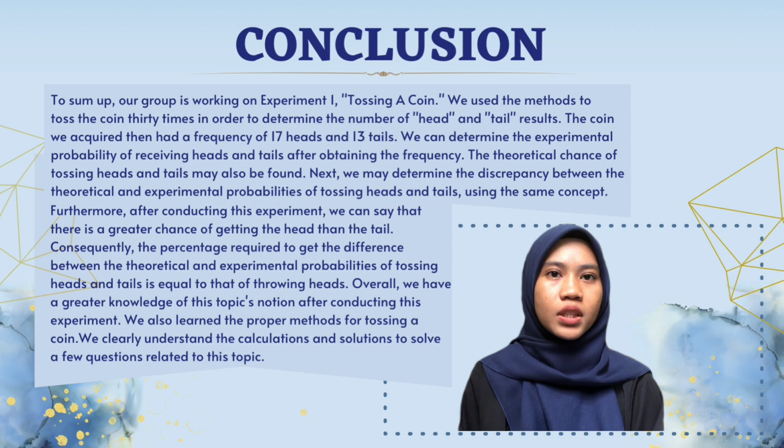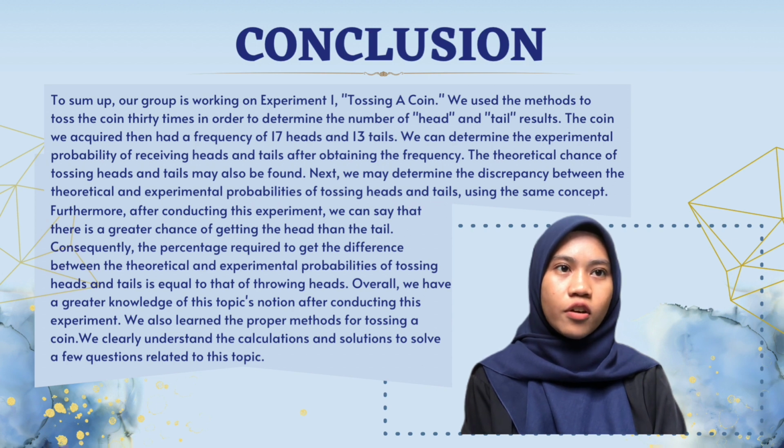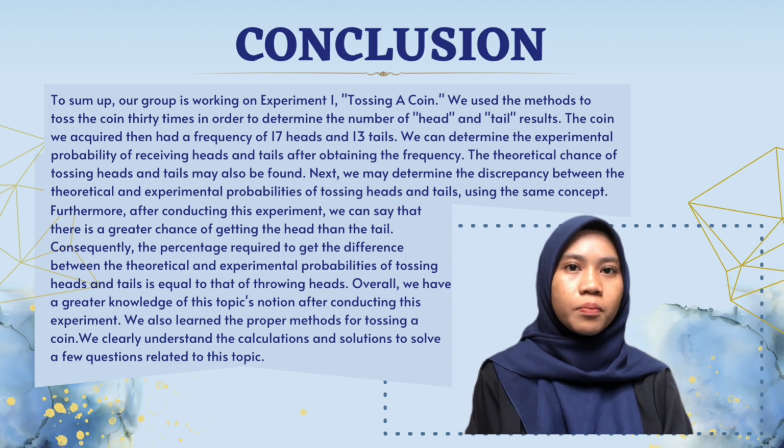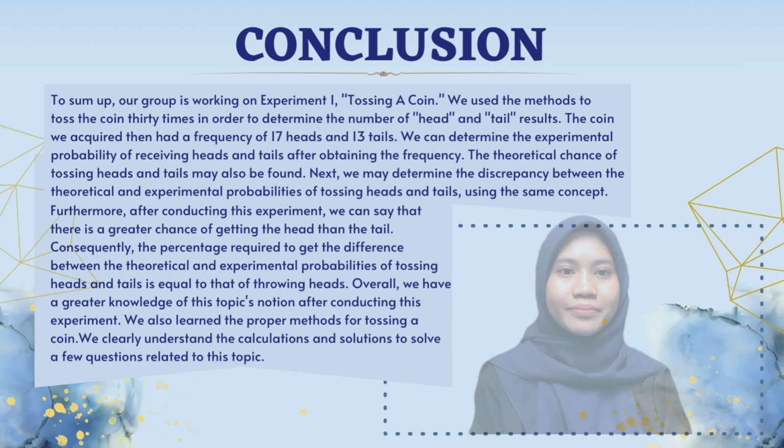Next, we may determine the discrepancy between the theoretical and experimental probabilities of tossing heads and tails using the same concept. Furthermore, after conducting this experiment, we can say that there is a greater chance of getting the head than the tail. Consequently, the percentage required to get the difference between the theoretical and experimental probabilities of tossing heads and tails is equal to that of throwing heads.